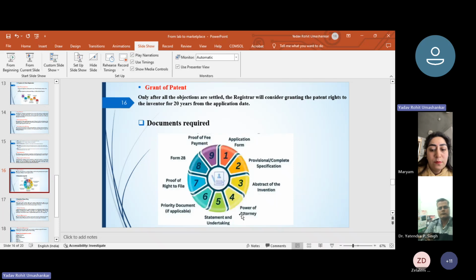If you already have some entrepreneurship or small scale industry, like an MSME, micro, small and medium enterprise, you are already paying taxes to the government at the commercial level. Then under that form you can get free or reduced charges for patent filing.